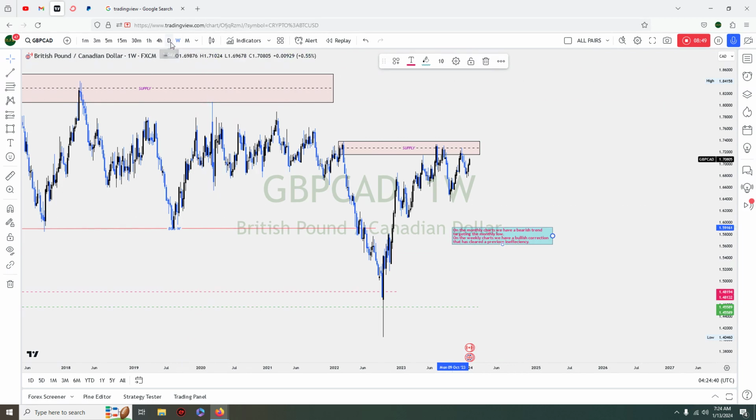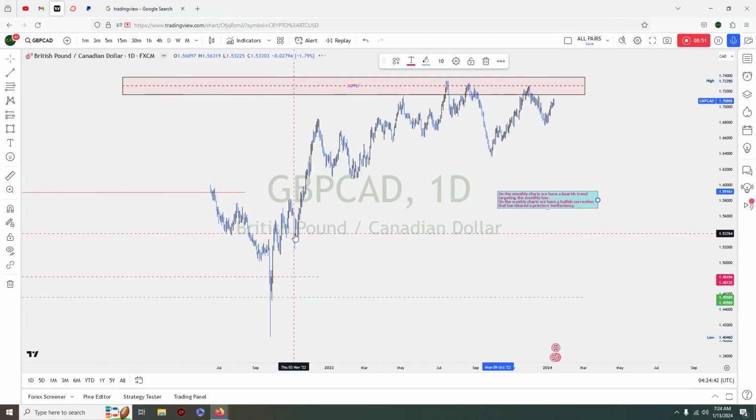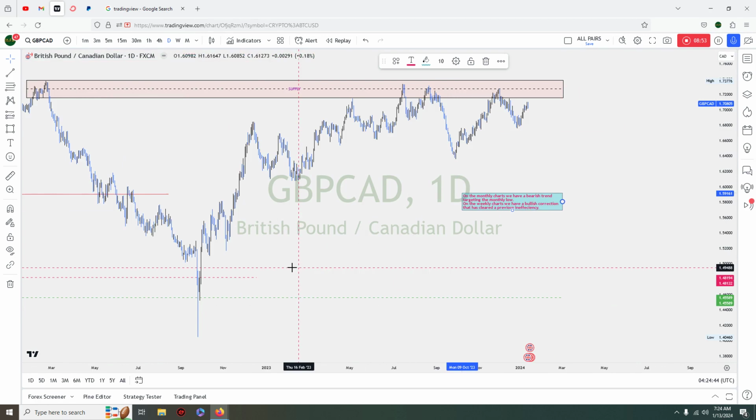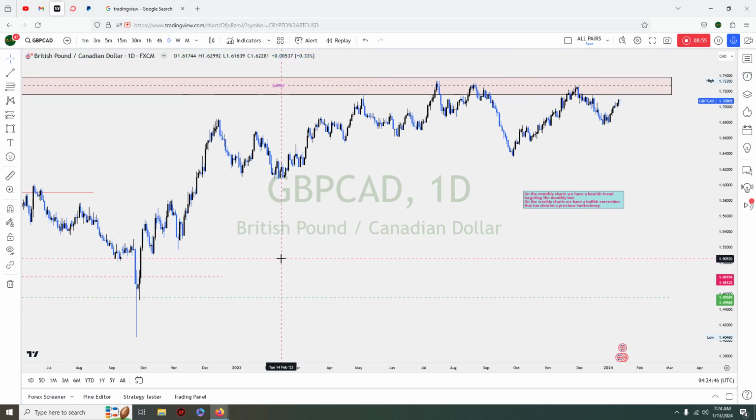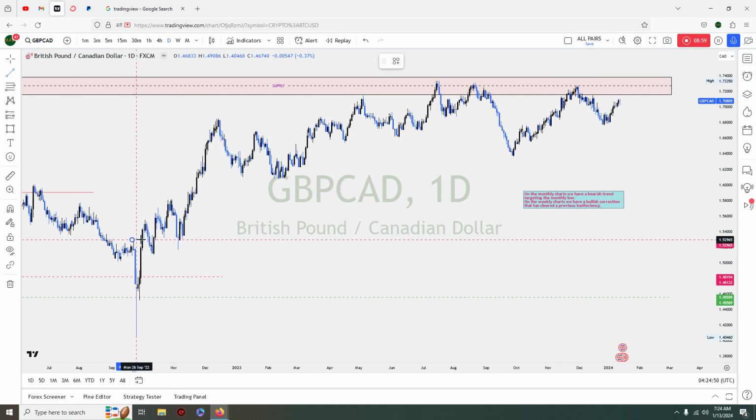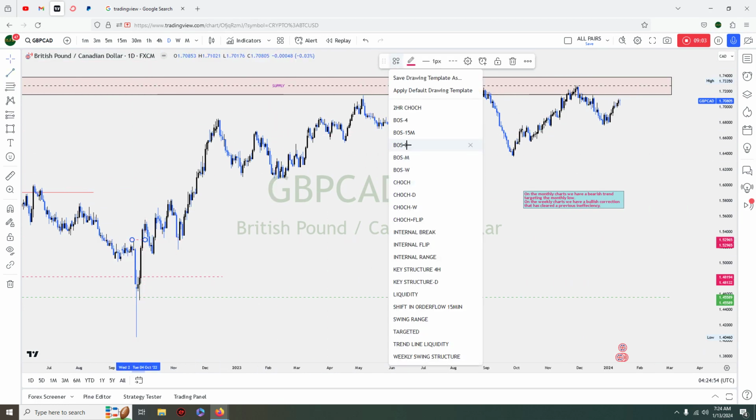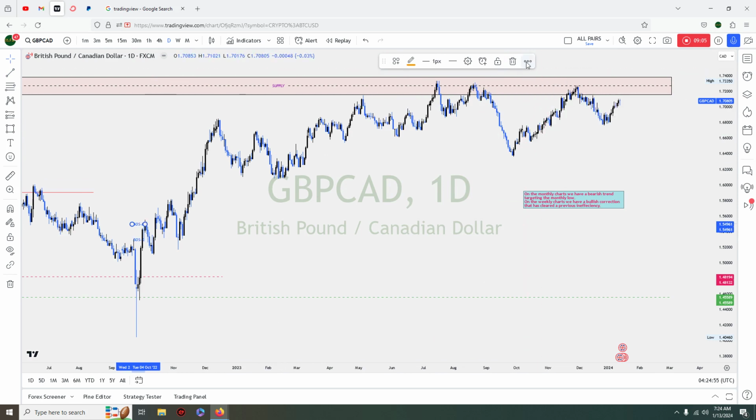So if we go down to the daily charts, now things become a bit interesting here because, let's call this, this is for the next lesson, but let me just mark it as a break of structure on the daily. I will clone several times. Good. And then we have this high that was formed.